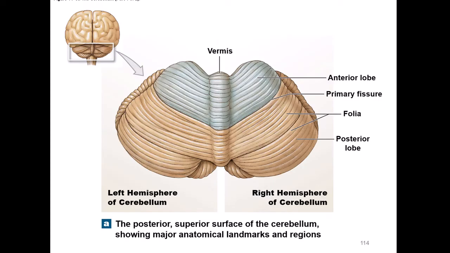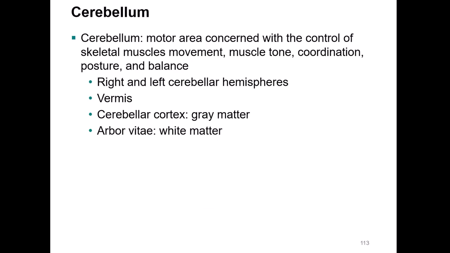When you look at the cerebellum, you'll see that there's two hemispheres, just like the cerebrum, right? There's a right and a left hemisphere, and then in the middle we have these little worm-like connections here, or even this thing kind of looks worm-like. This is known as the vermis, right? Vermis kind of meaning worm-like. So those are the parts of the cerebellum from the outside.